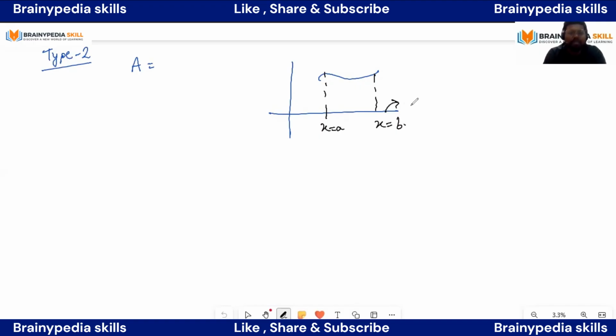So this one is nothing but y equals 0, right? So you can directly write it down. The other curve is y equals f of x, so you can directly write it down.